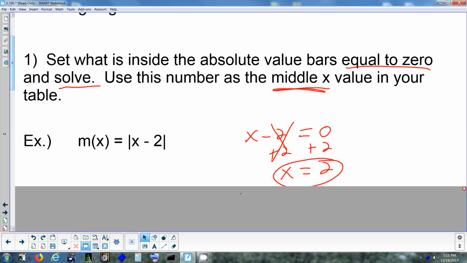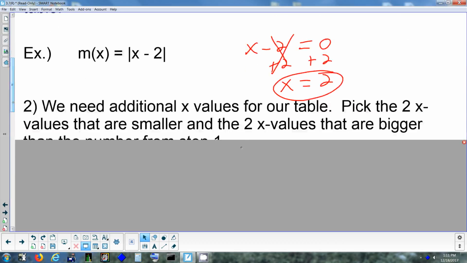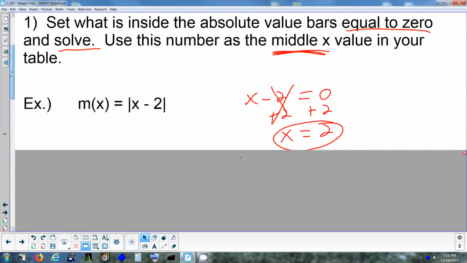Is that going to be the first, second, third, fourth, or fifth one in the table? Middle. Exactly. It's going to be the third one. We're going to talk about those other values in the next step. If we were making a table, which we're going to, you already have the table started on your notes for the next step.